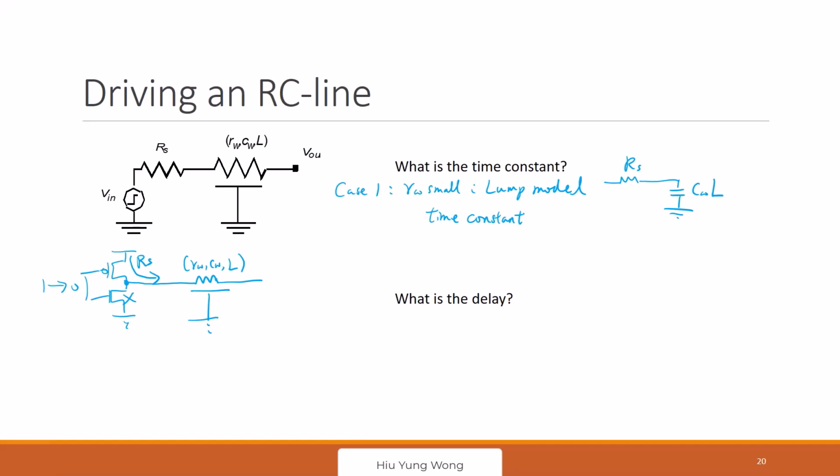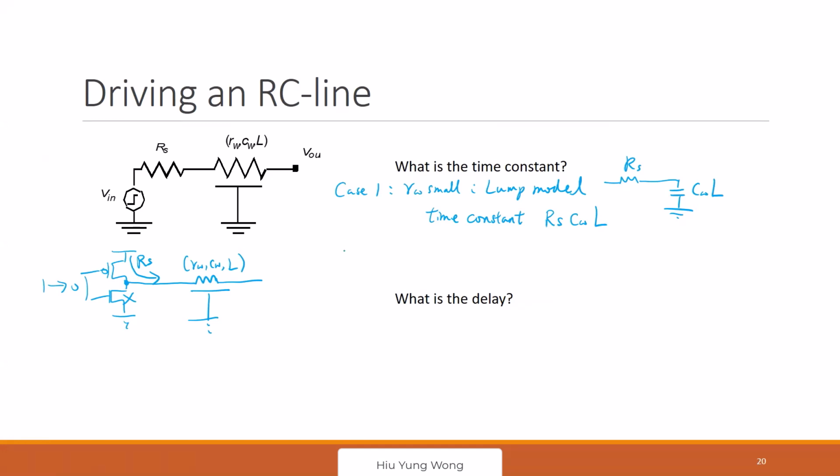Say again, you say too fast. 0.69 RC. Very good. Now, I only asked for the time constant, so let's not put 0.69 first. And when you say RC, you mean Rs times CwL, right? Yes, sir. Okay, that is good.